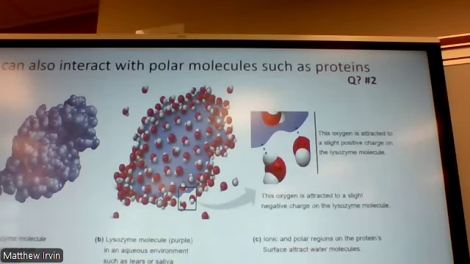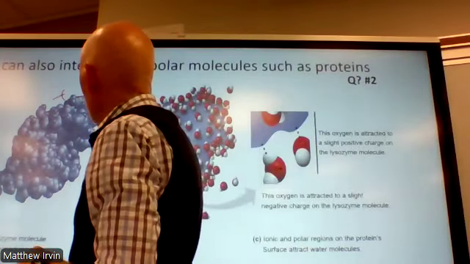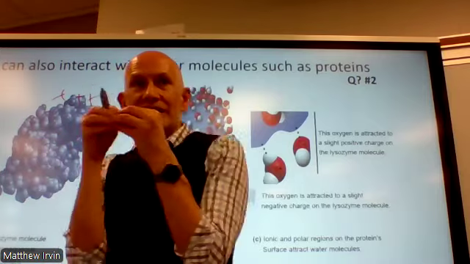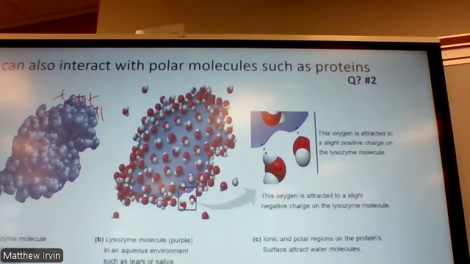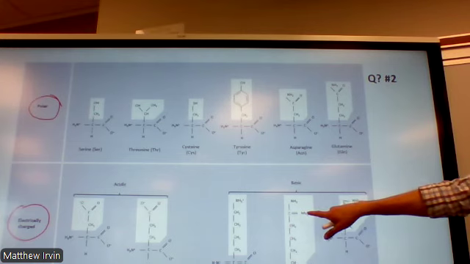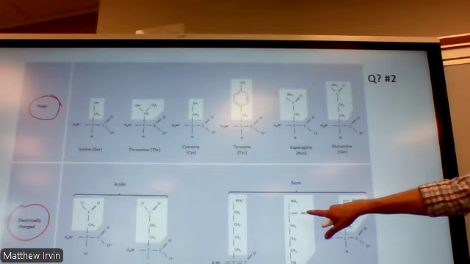On the inside, because the charged proteins have to be on the outside. These are charged proteins. And then the non-charged ones have to be on the inside, away from the water. And so what happens with milk proteins also have these electrically charged amino acids on their surface.